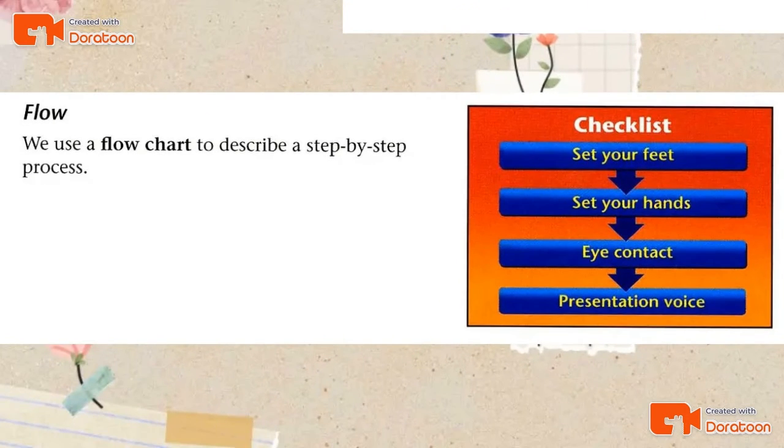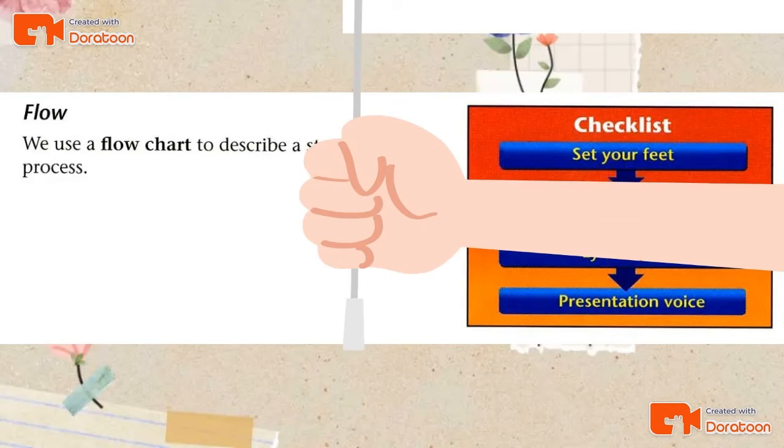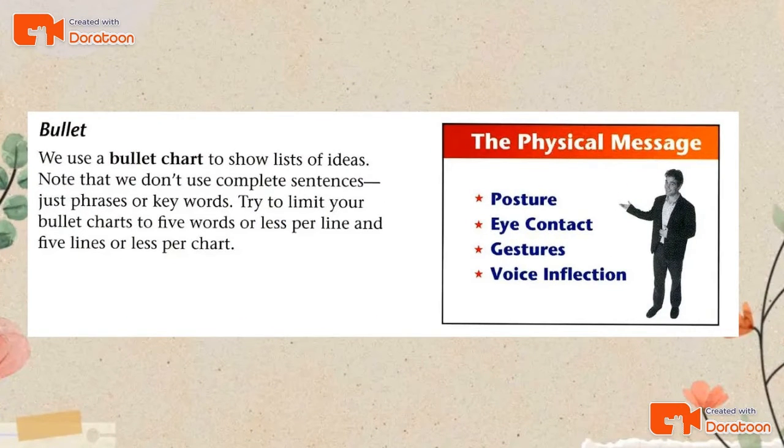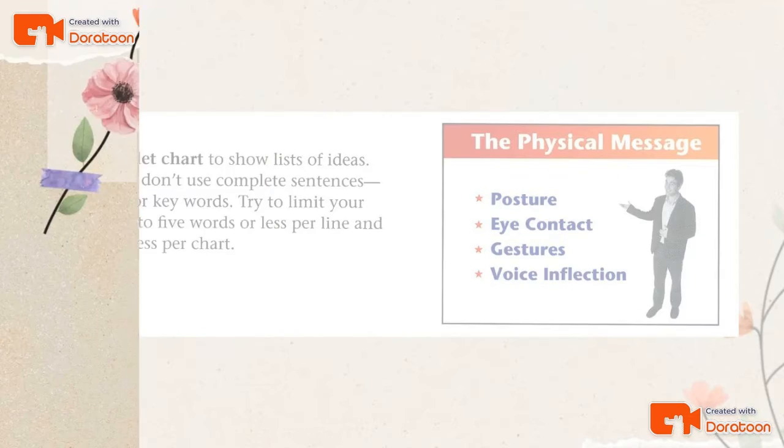And next is flow. We use a flow chart to describe a step-by-step process. Next is bullet. We use a bullet chart to show lists of ideas. Note that we do not use complete sentences, just phrases or keywords. Try to limit your bullet chart to 5 words or less per line and 5 lines or less per chart.